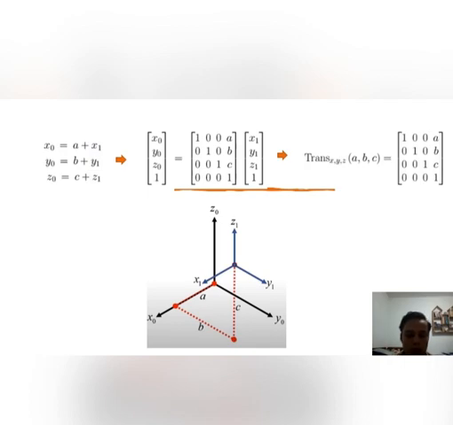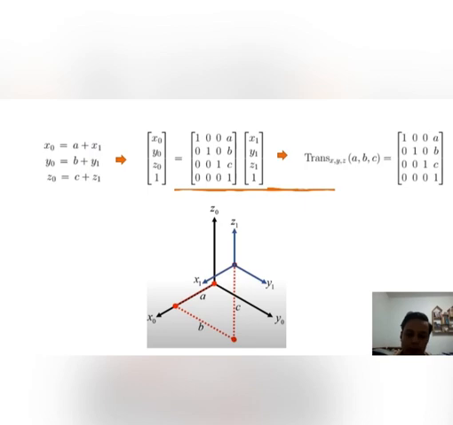Then y0 is the sum of b plus y1. In the case of z, the distance we travel to move the 0 system to system 1 on the axis z, where the coordinate in the system 1 is z1.